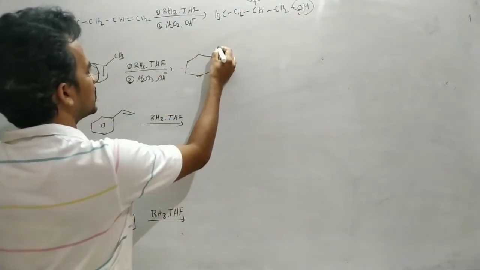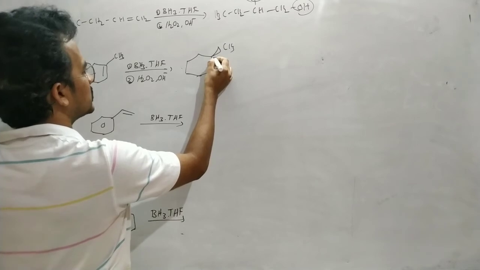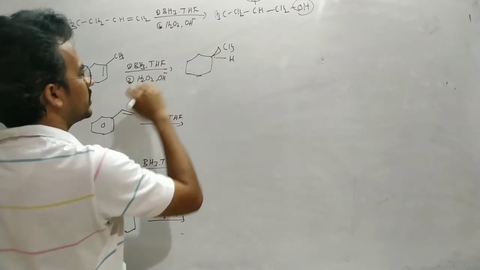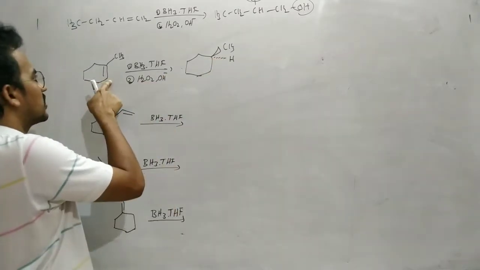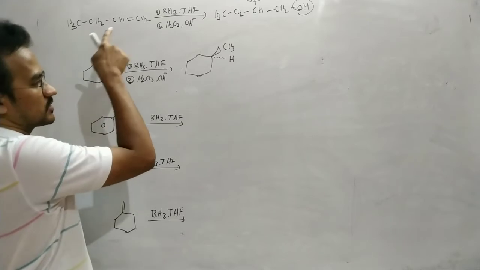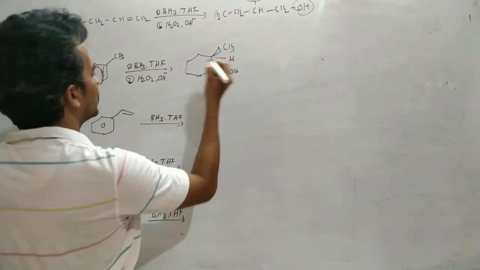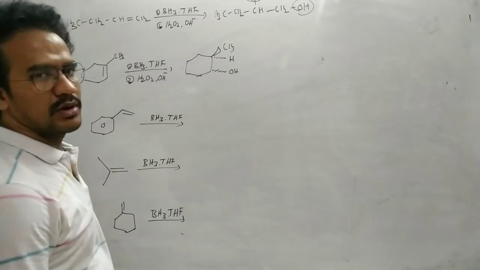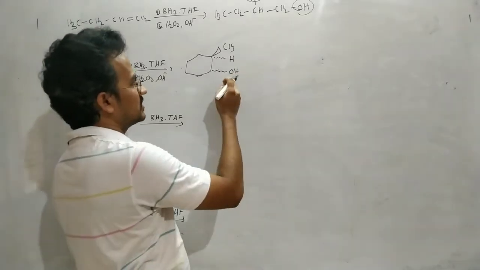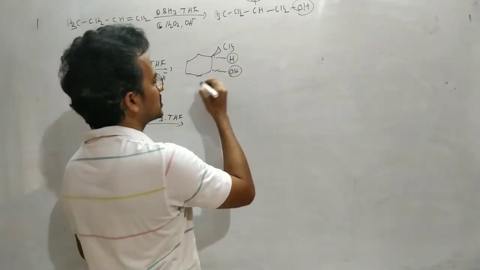So in this case, see this one, this methyl group is above the plane, so the hydrogen must be below the plane. OH is added to this carbon and hydrogen to this carbon as per the anti-Markovnikov rule. Now this OH also must be below the plane, because it is a syn addition. The adding groups must be in a cis position.